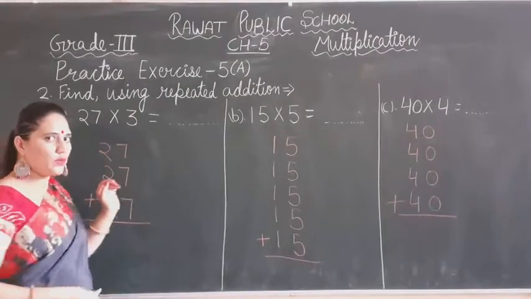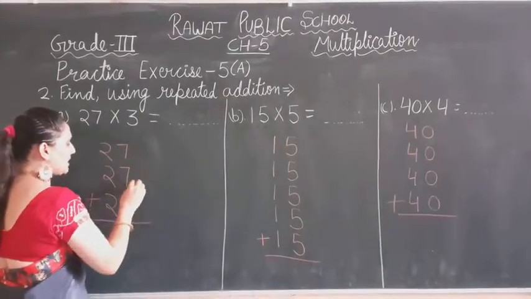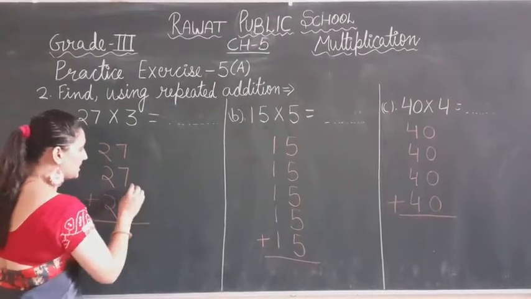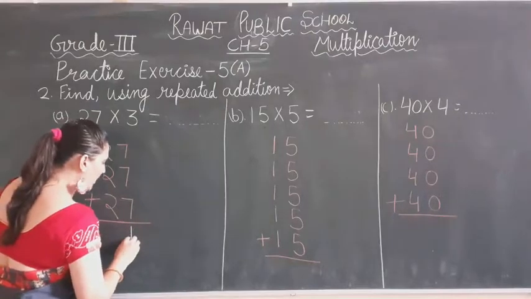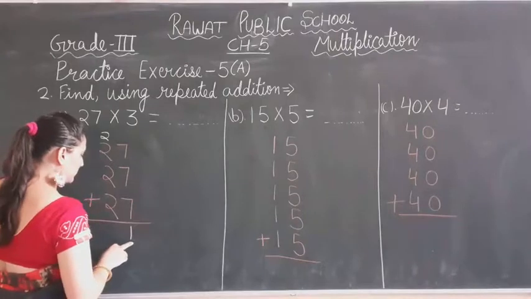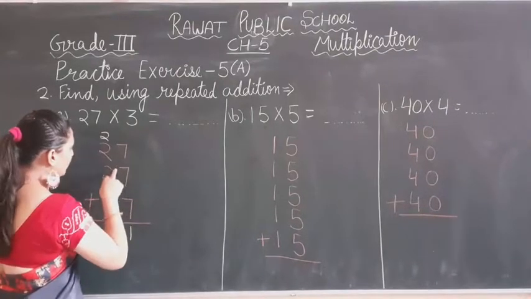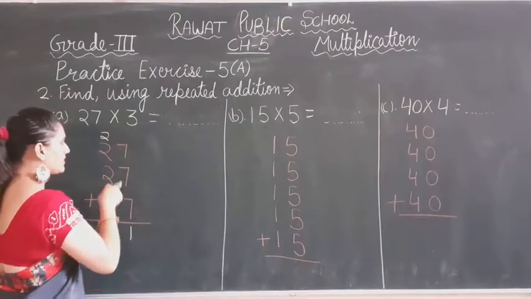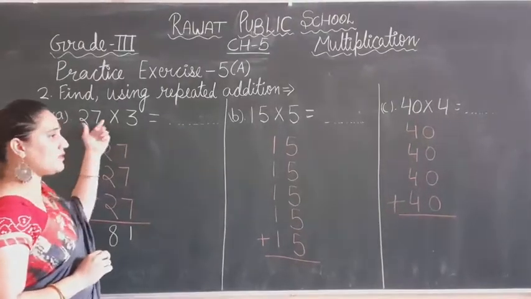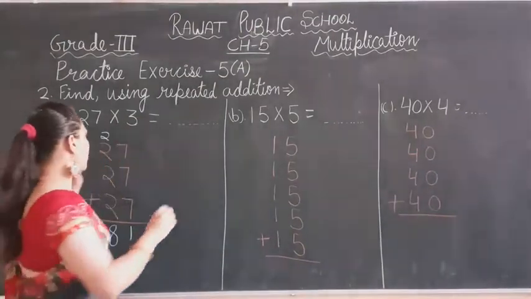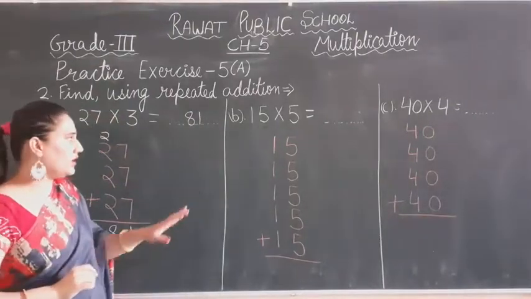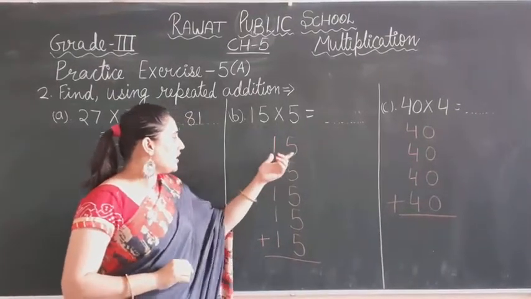Shall we start doing addition first? 7 plus 7 plus 7: 7 twos are 14, 7 threes are 21. So it's 1 and carry 2. Then 2 plus 2 plus 2 is 6, plus 2 becomes 8. So 27 multiplied by 3 becomes 81.